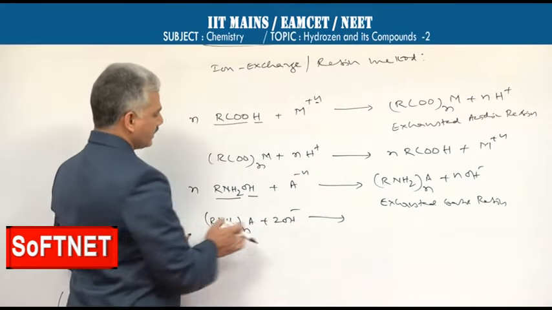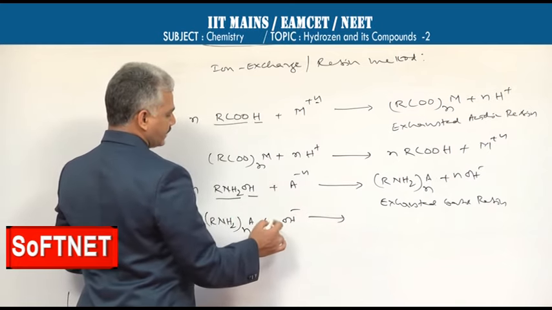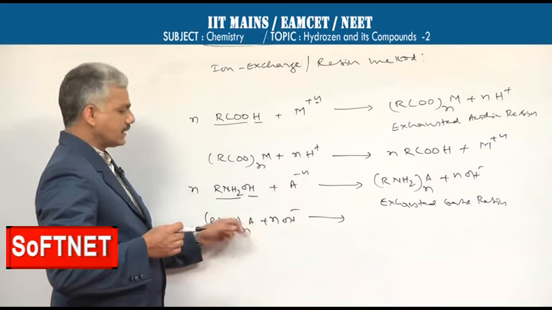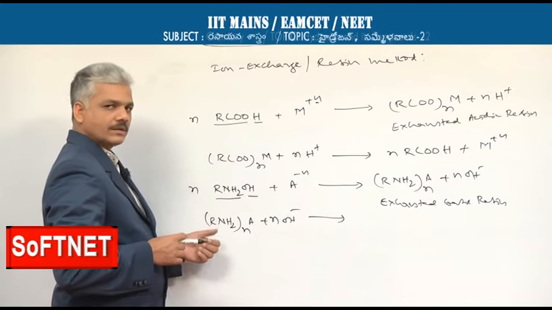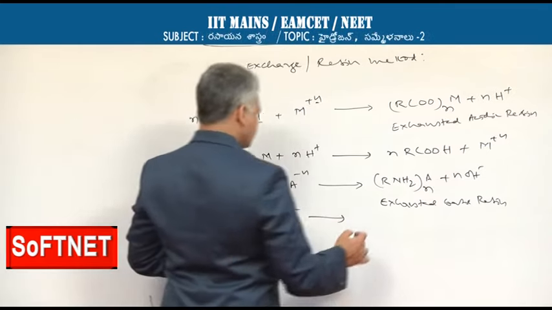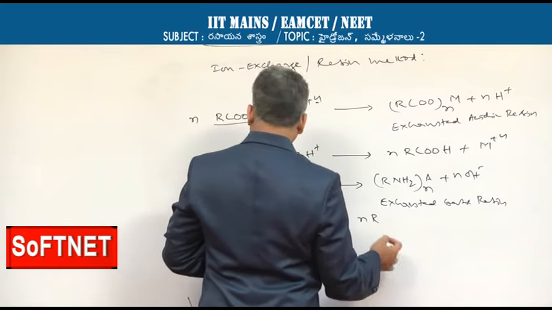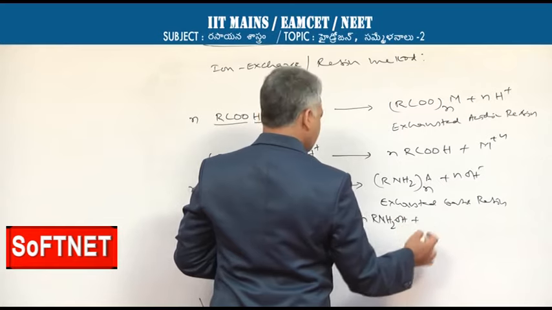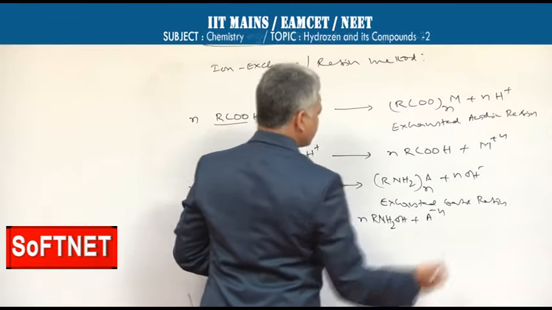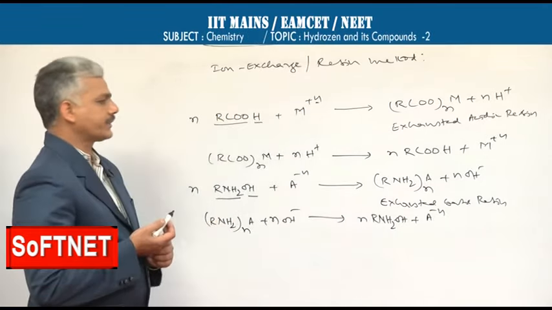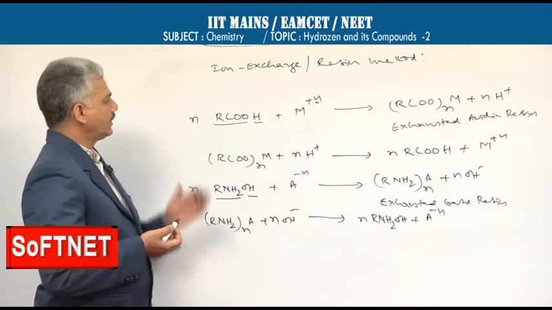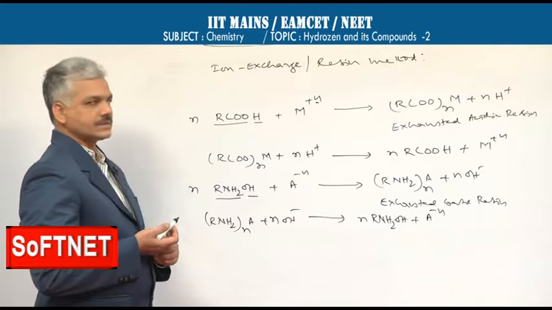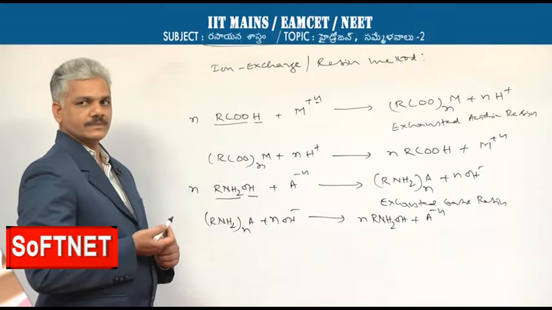The OH minus ions of sodium hydroxide will release the anions trapped in the basic resin, and in that process again the exhausted resin is converted back into basic resin, which can be reused again and again. These are the chemical reactions involved in the process of ion exchange method.